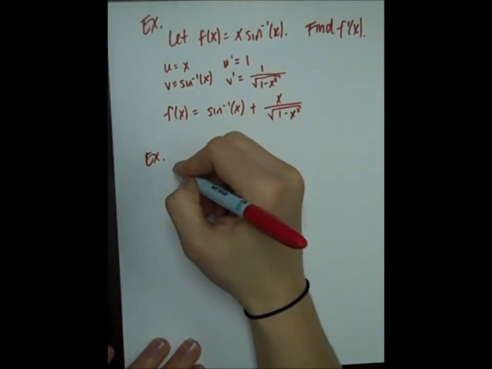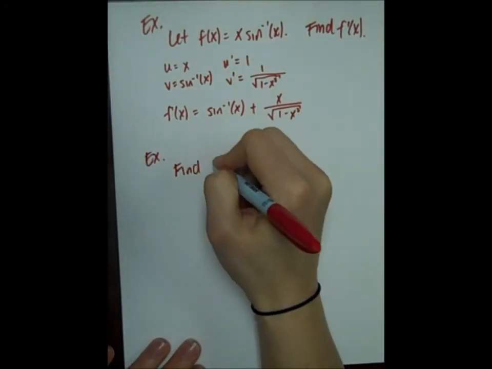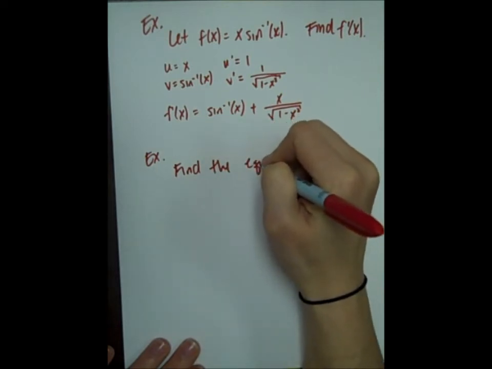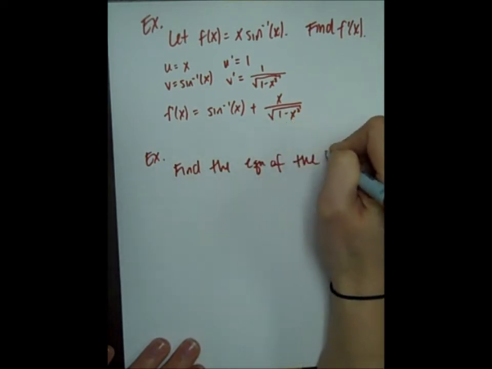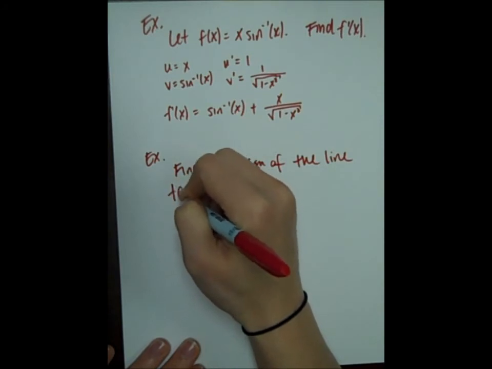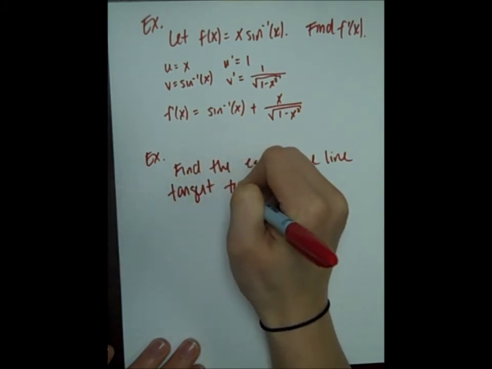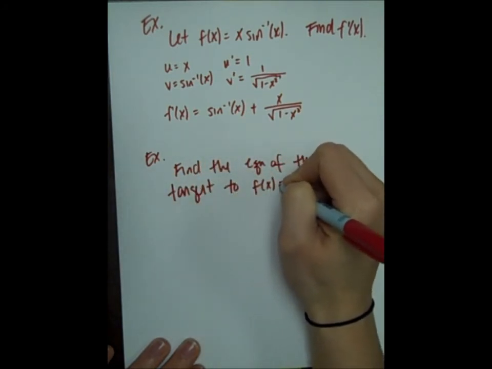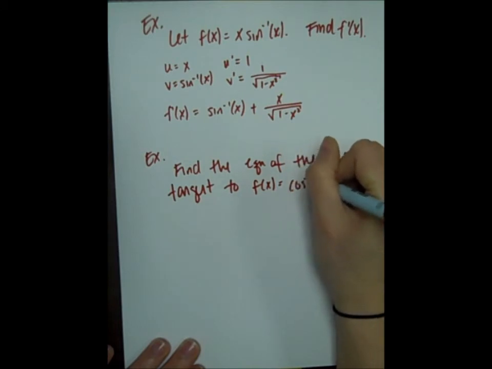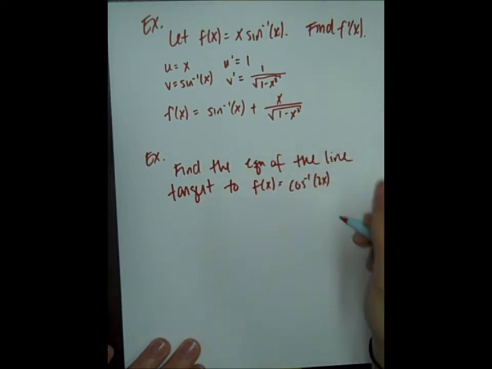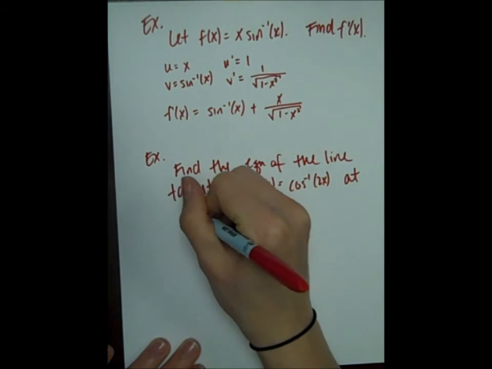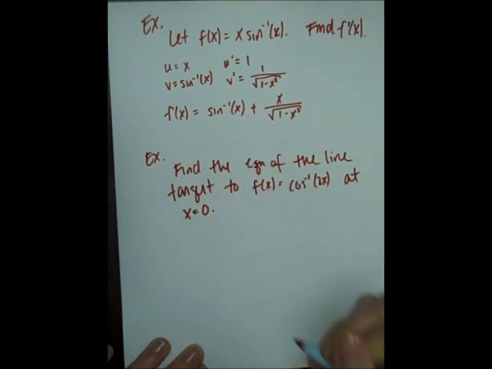Let's do another one. Let's find the equation of the line tangent to f of x equals inverse cosine of 2x at x equals 0.